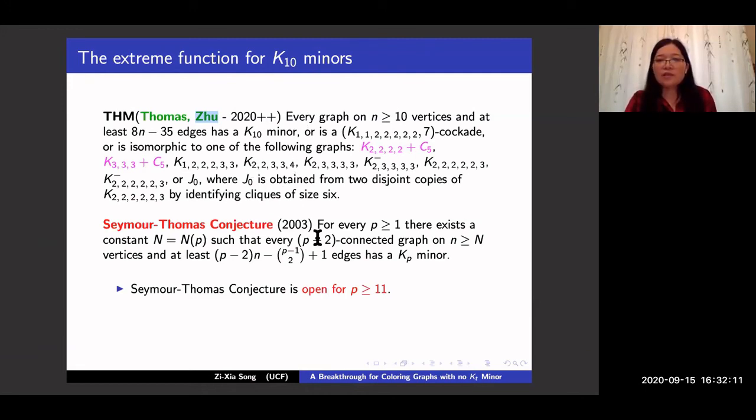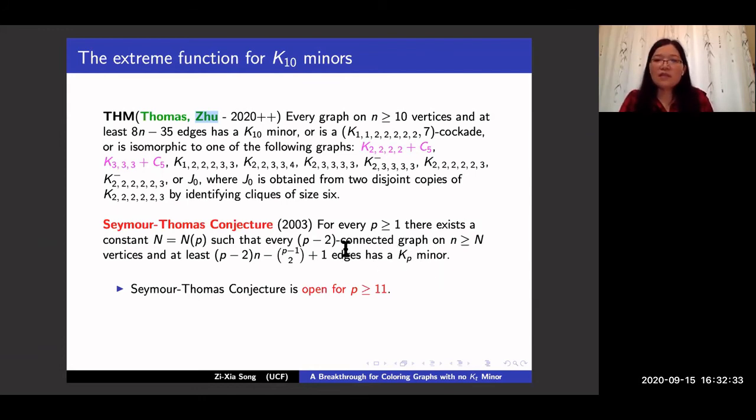But in general here, Seymour and Thomas made the following conjecture. For every p at least one, there exists a constant n such that every (p-2)-connected graph on at least n vertices, and with at least this many edges, has a K_p minor.